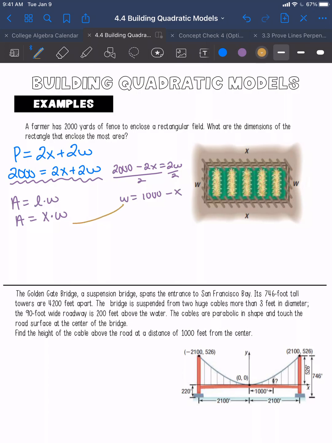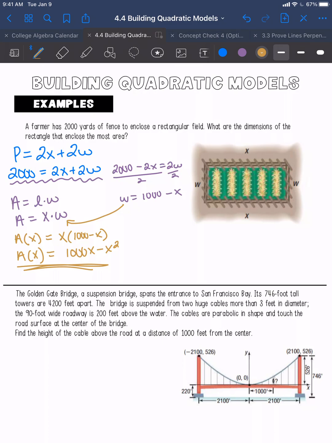Well, now we can plug that in. So the area as a function of x is x times 1,000 minus x. That's 1,000x minus x squared. All right, so at this point, we are going to find the max of that area.